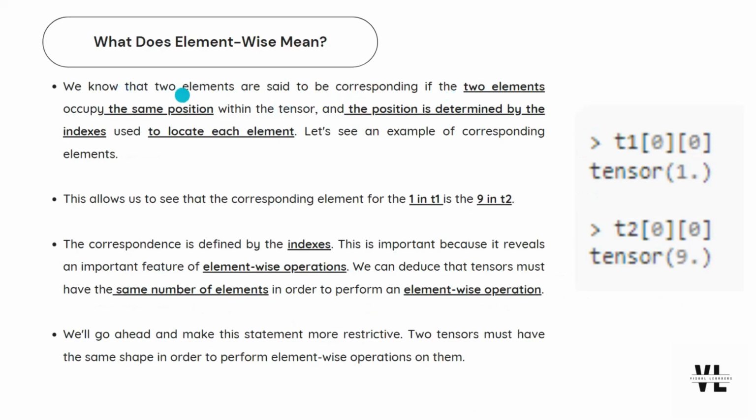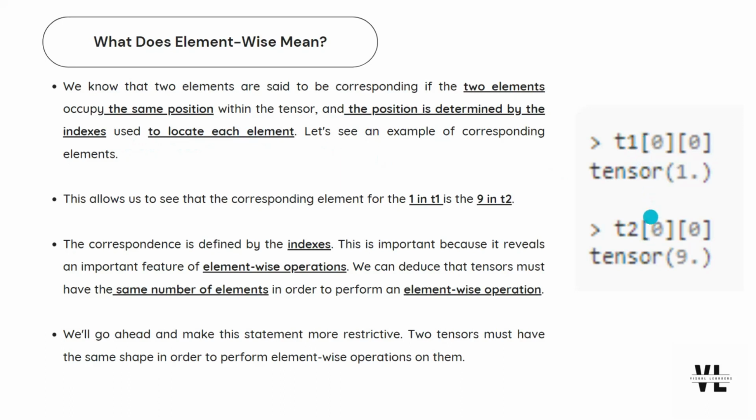We know that two elements are said to be corresponding if the two elements occupy the same position within the tensor, and the position is determined by the indexes used to locate each element.